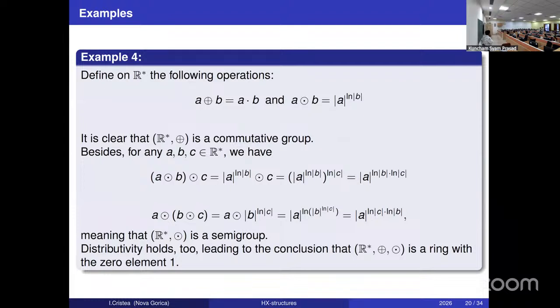HX monoids were not studied till now, so I couldn't find any. I think there is nothing worked on this topic. Okay, thank you. So this is again an open problem.